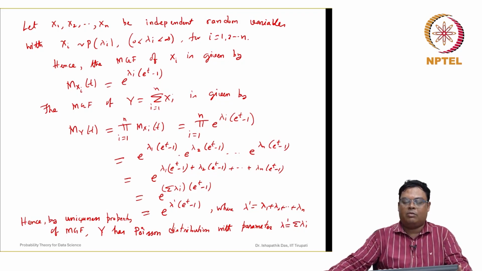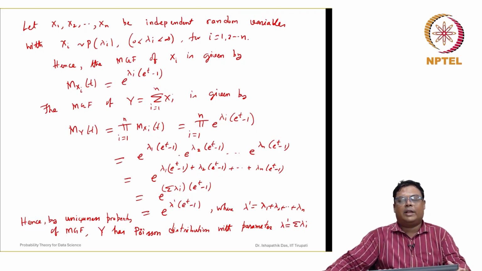So, what we found is that X_1 is Poisson with parameter lambda_1 and X_2 is Poisson with parameter lambda_2. We showed that X_1 plus X_2 has Poisson distribution with parameter lambda_1 plus lambda_2, by directly finding the probability mass function.